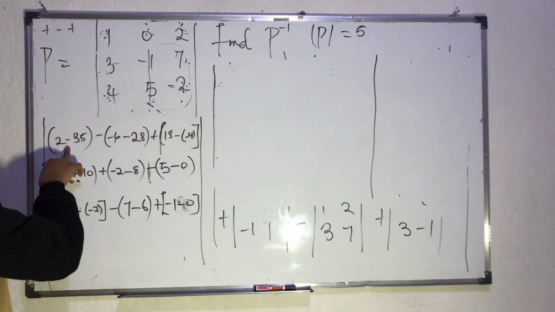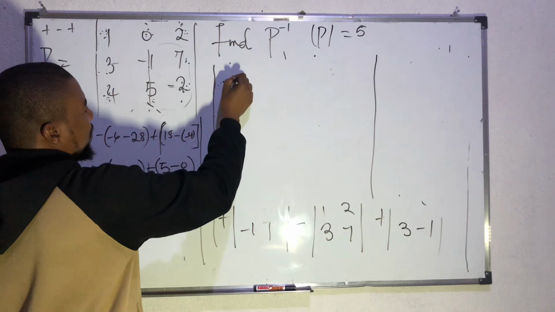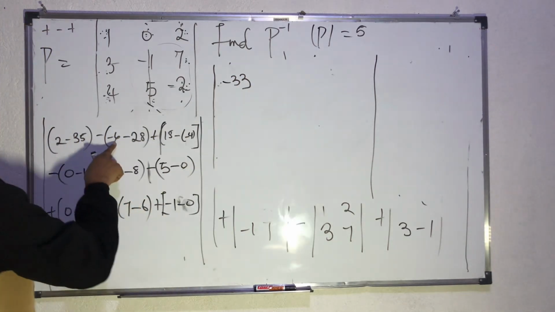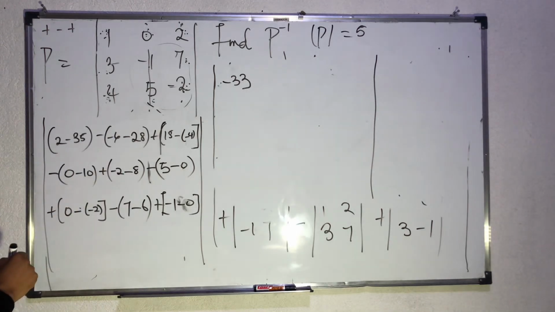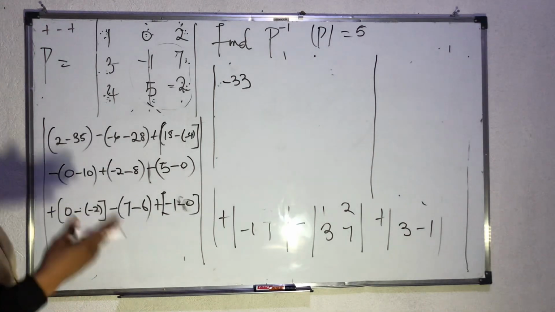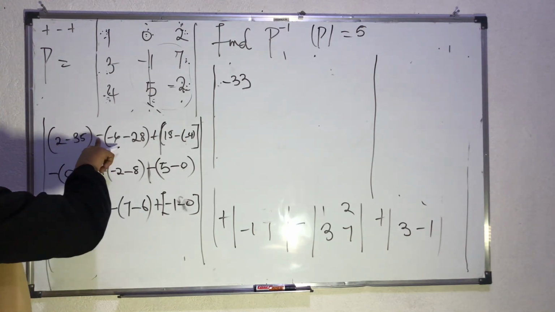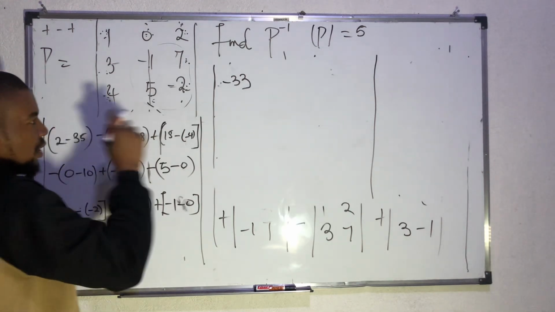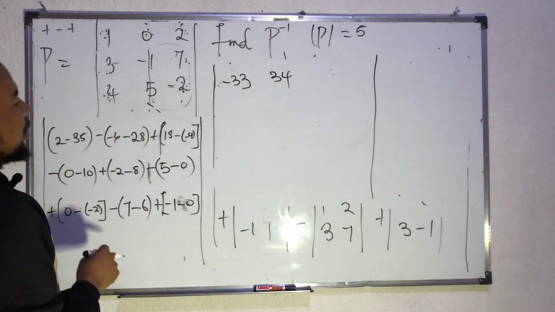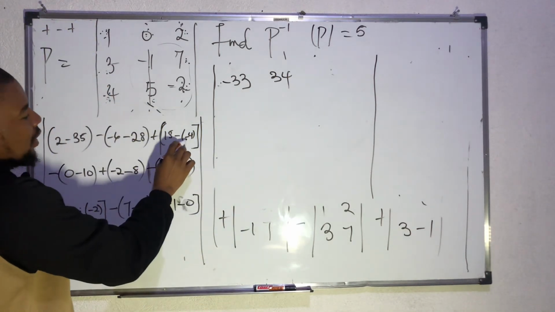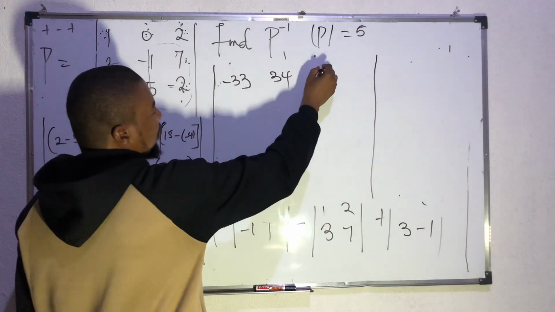Okay, 2 minus 35 gives us a negative 33. Negative 6 minus 28 gives us a negative 34. Negative 34 multiplied by a negative number gives us a positive 34. And lastly, negative times negative here gives us a positive. 15 plus 4 gives us a 19.